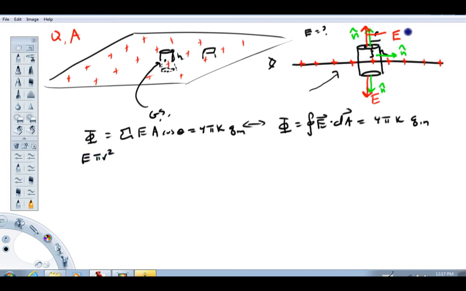Notice that the angle between the electric field and the normal is 0. Cosine of 0 is 1. That's why we just end up with E times the area. It's important to note what area I'm talking about. That area right there, and since that's a circle, its area is pi r squared. That flux term would be positive because the electric field and the normal are in the same direction. Or you could think of it like this: the electric field is pointing out of the surface, and generally speaking, outward is positive.